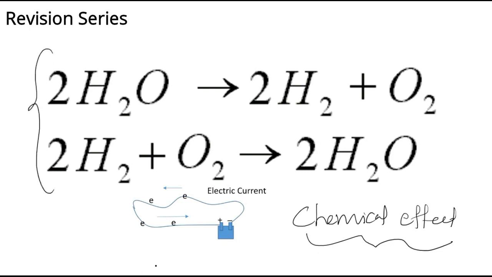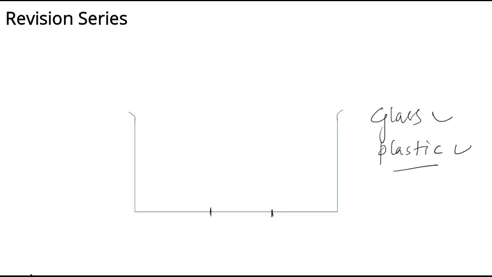For this we need to take a container made up of plastic or glass, because they are bad conductors, insulators, okay, bad conductors of electricity. And at these 2 points we will fix two metal rods.